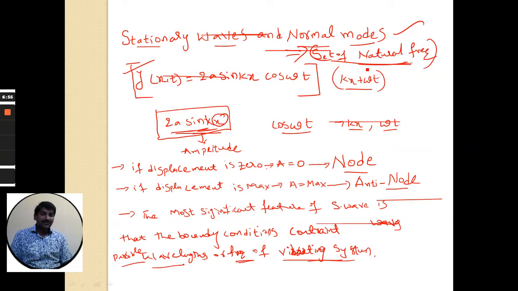That's why I have written this word. Whatever the oscillating or vibrating system, it is not constrained to any arbitrary frequency. It is a set of natural frequencies, and this set of natural frequencies we simply call normal modes. What are those normal modes? We are going to describe these normal modes with proper conditions, the conditions for nodes and antinodes.